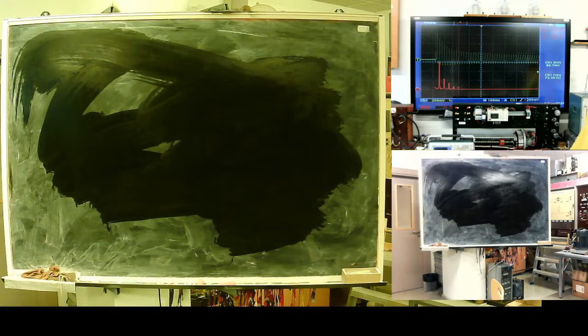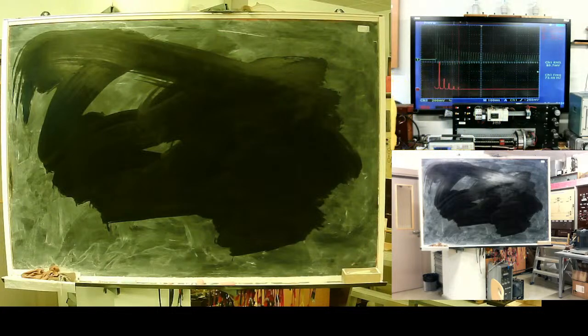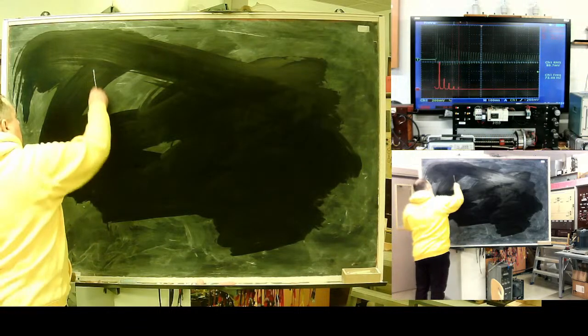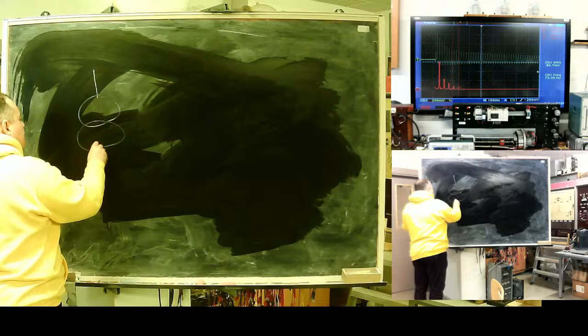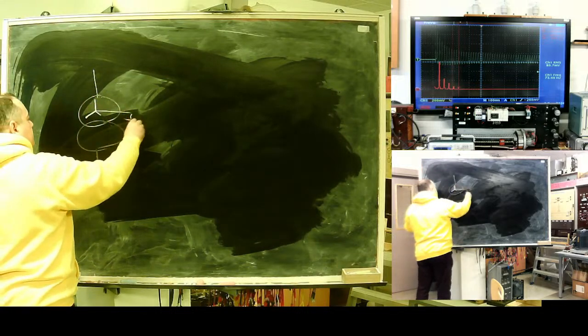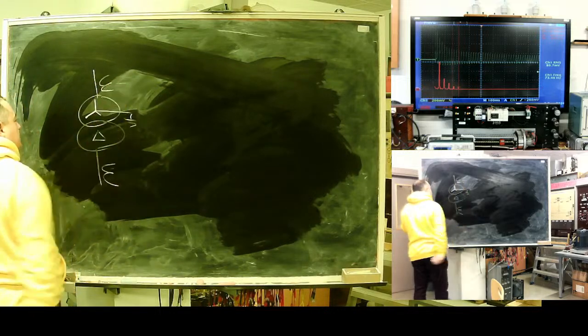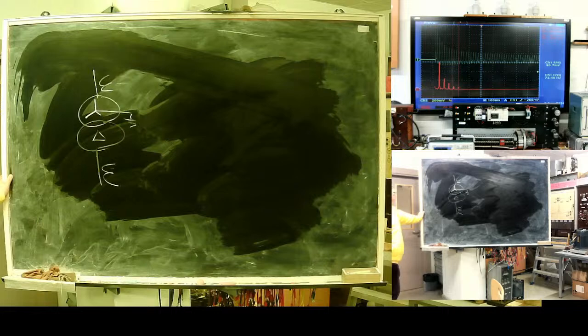Two problems: inrush current and error of current sensors. But that's not all. If we speak about transformer protection, star, triangle, delta, where's the problem?